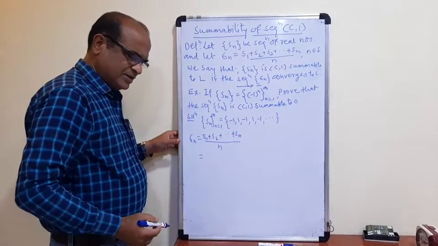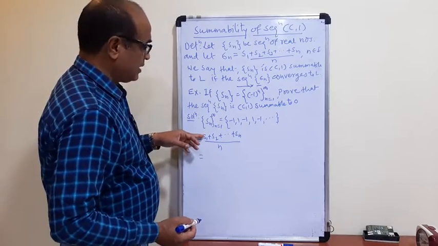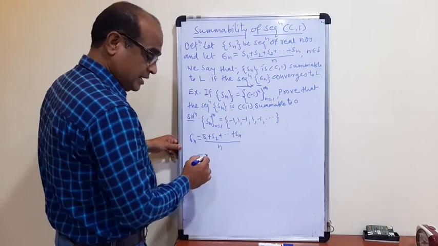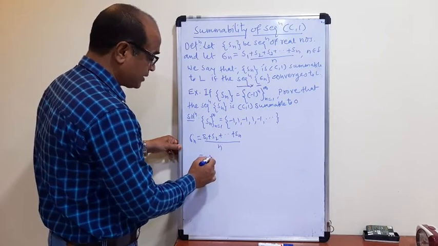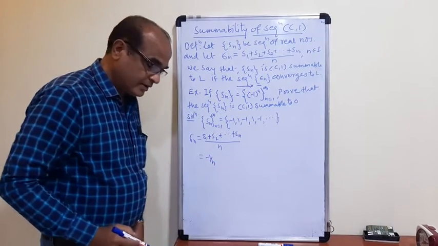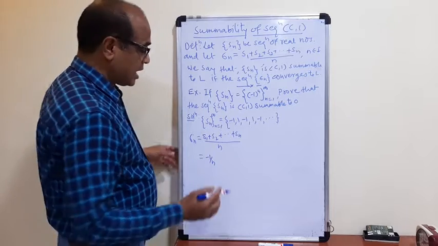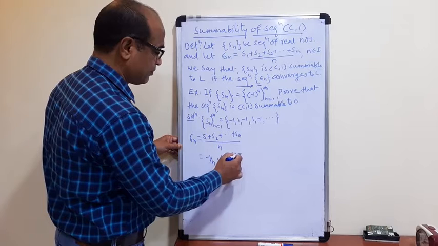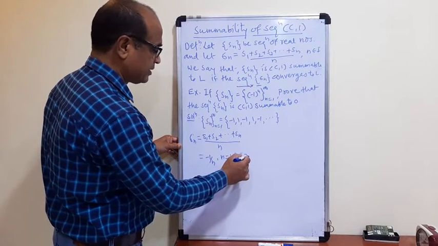So this is equal to minus 1 plus 1, minus 1 plus 1, and so on. This is equal to minus 1 upon n when n is odd, for n equal to 1, 3, 5, 7.